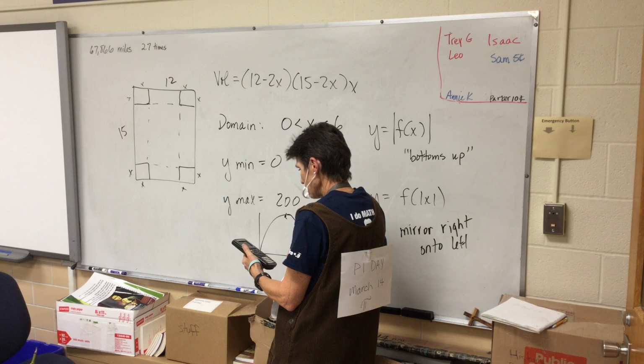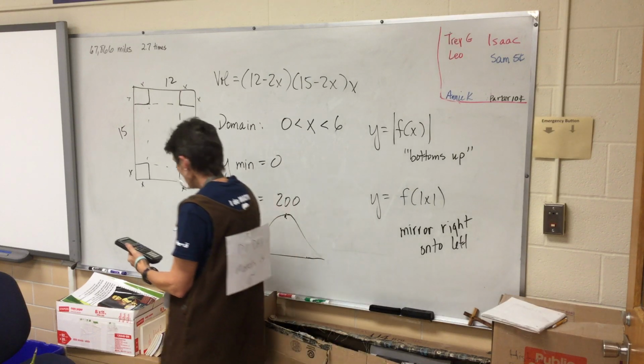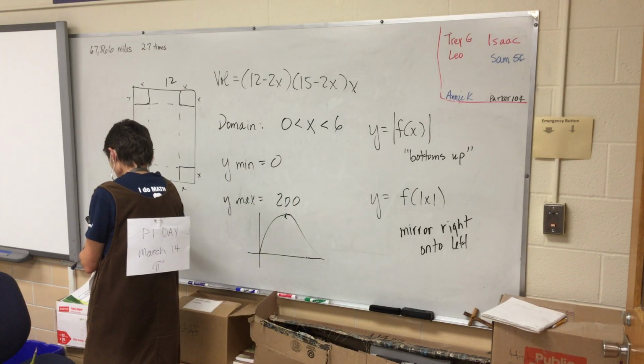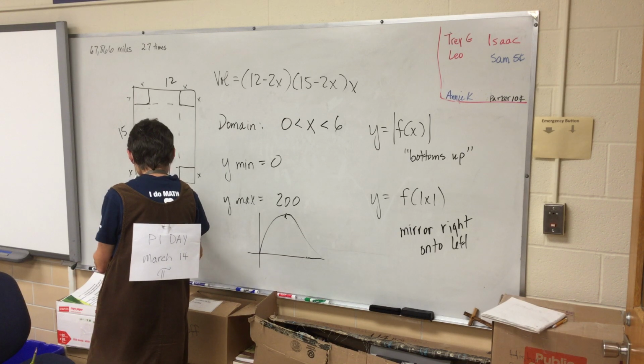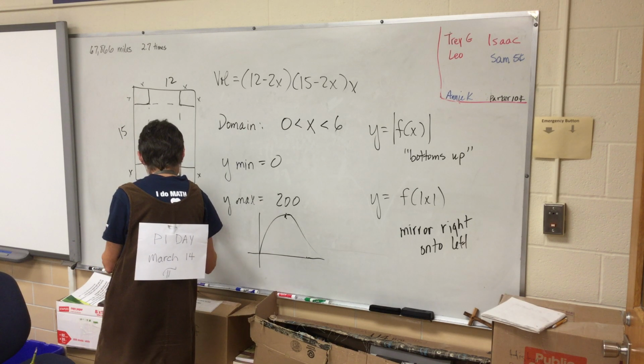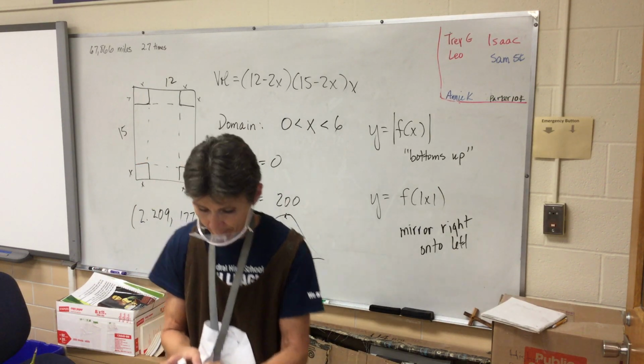And this time, because we're doing an actual problem, we have to pay attention to what we come up with. So I got 2.209 and 177.234. That is my maximum point.